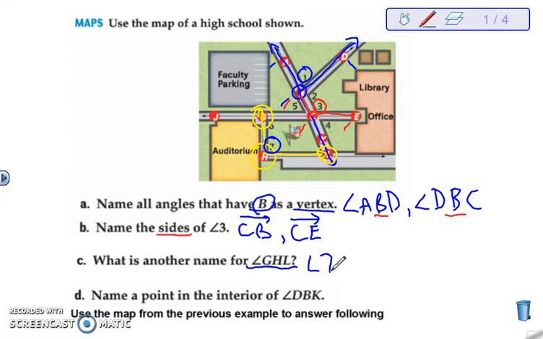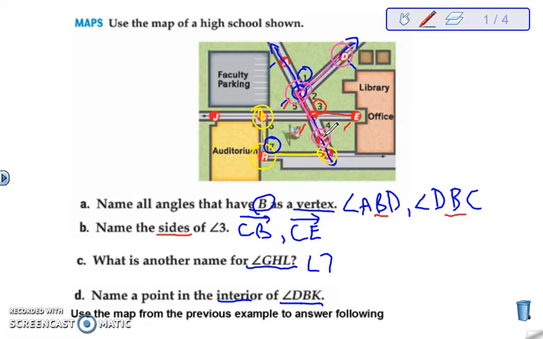Finally, we want to name a point that's on the interior of angle DBK. So interior just means on the inside. So if I find point D that's over here, point B is over here, and K, it's hard to see, but it's down here.